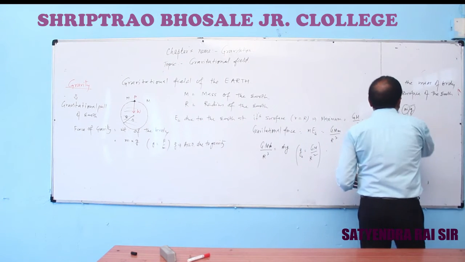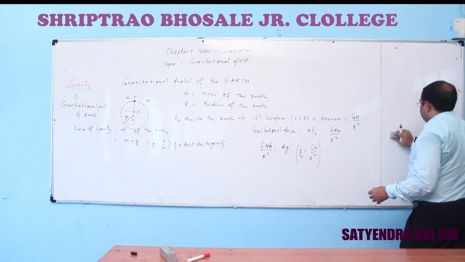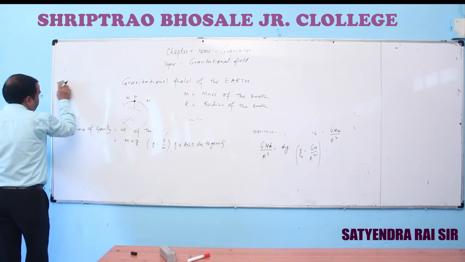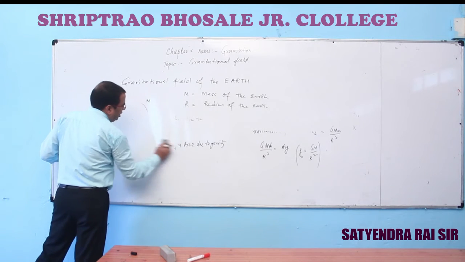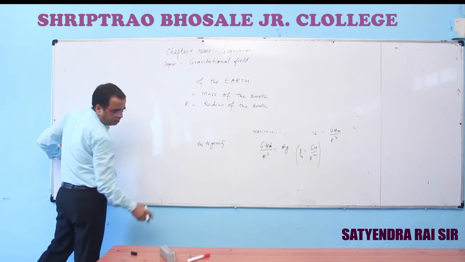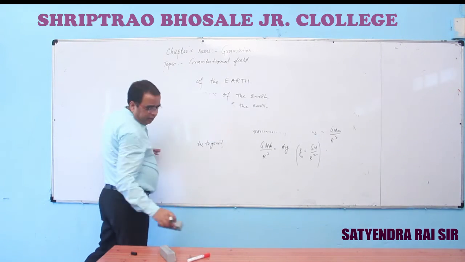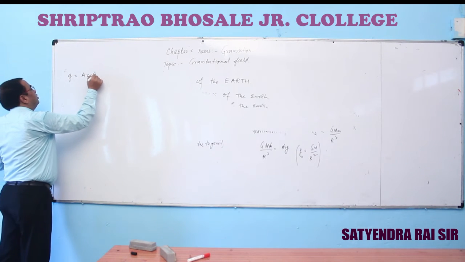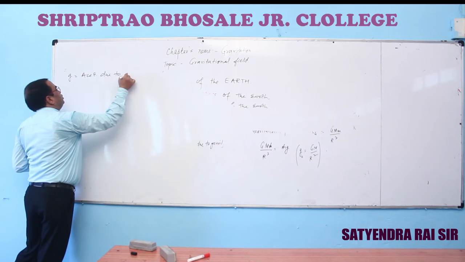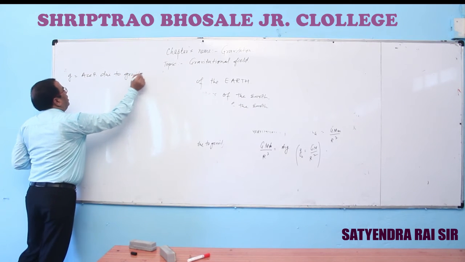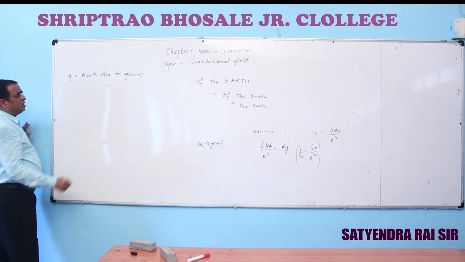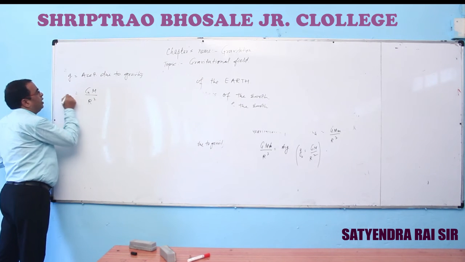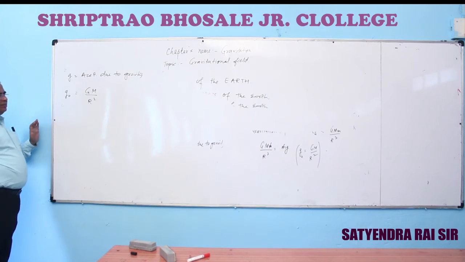So this time we learn the factors responsible for variation in g. The acceleration due to gravity by the planet Earth is given by GM by R square, or we call it g naught, g at the surface.